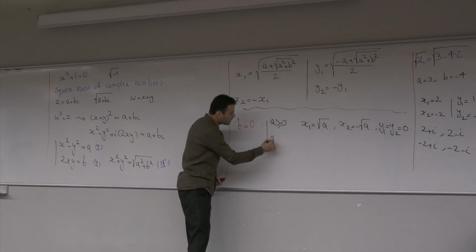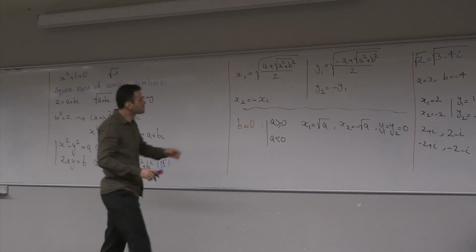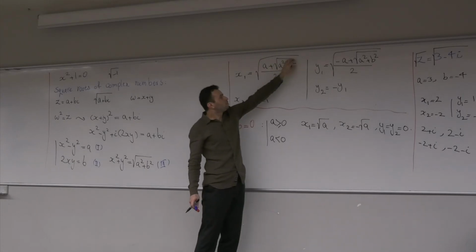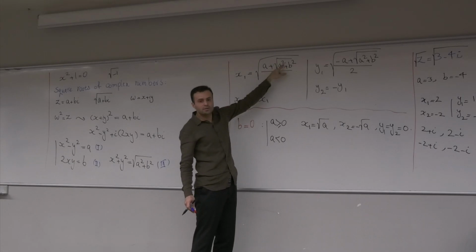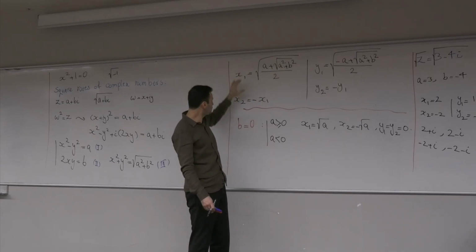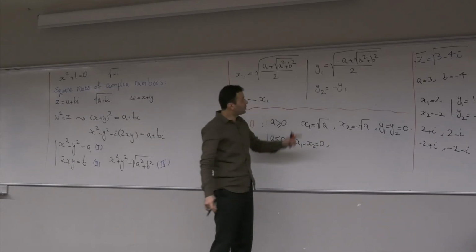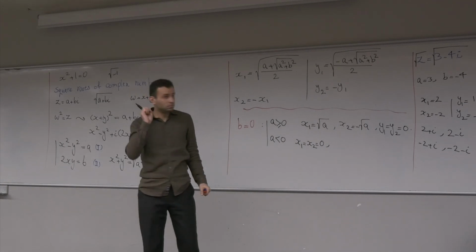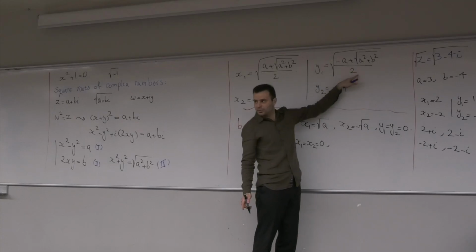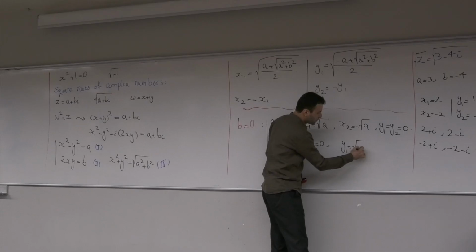What happens when our a is negative? What will happen here? x will be, yes, exactly, b is already 0. The square root of a to the power of 2 is going to be minus a. It is minus a plus a, 0. So x1 is 0, x2 is 0. x1 equal to x2 equal to 0. What will happen to our y1 and y2? This is going to be minus a divided by 2, so y1 is going to be the square root of minus a.